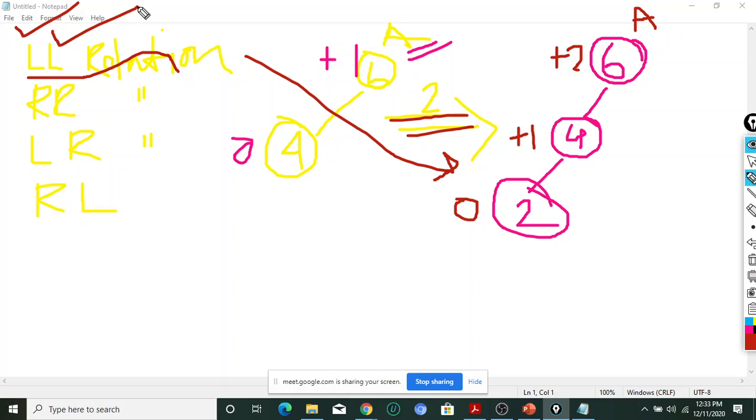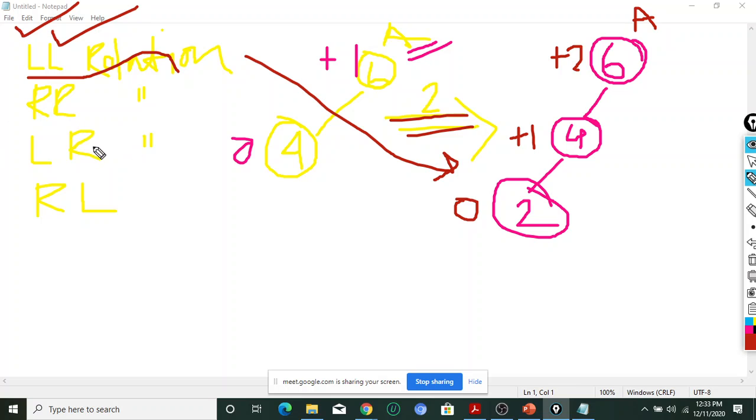Understood? So LL rotation means inserting the node in the left subtree of node A. Have you got my point? Yes, sir. Okay.